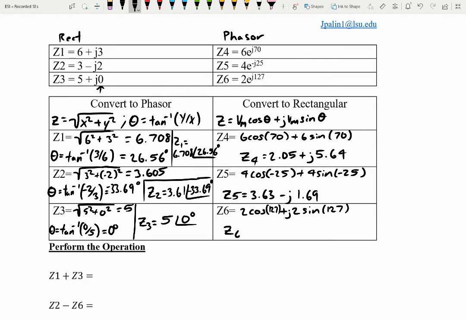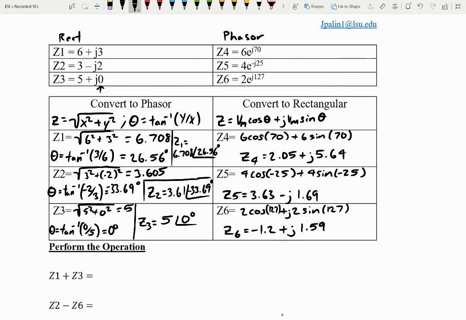This is z6: negative 1.2 plus j 1.59. Right. That's all we're doing, just converting these back and forth.